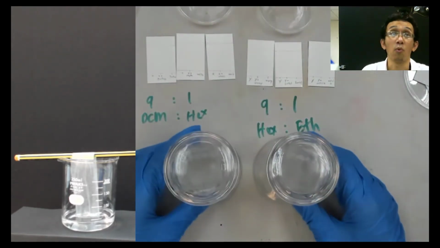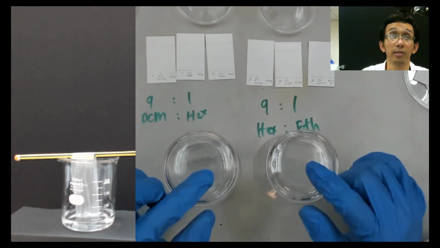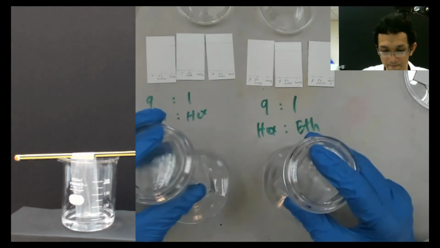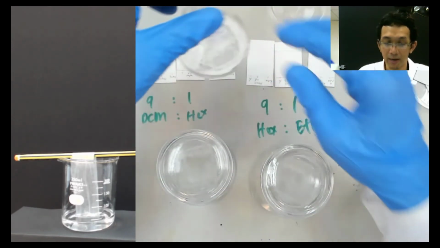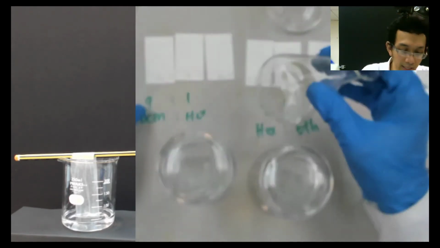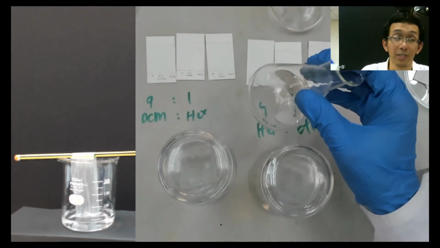You might ask, why not do it straight away inside the developing chamber? No reason actually. You can do that, but the reason is because this is 9 to 1, so it's easy for you to use 10 ml.